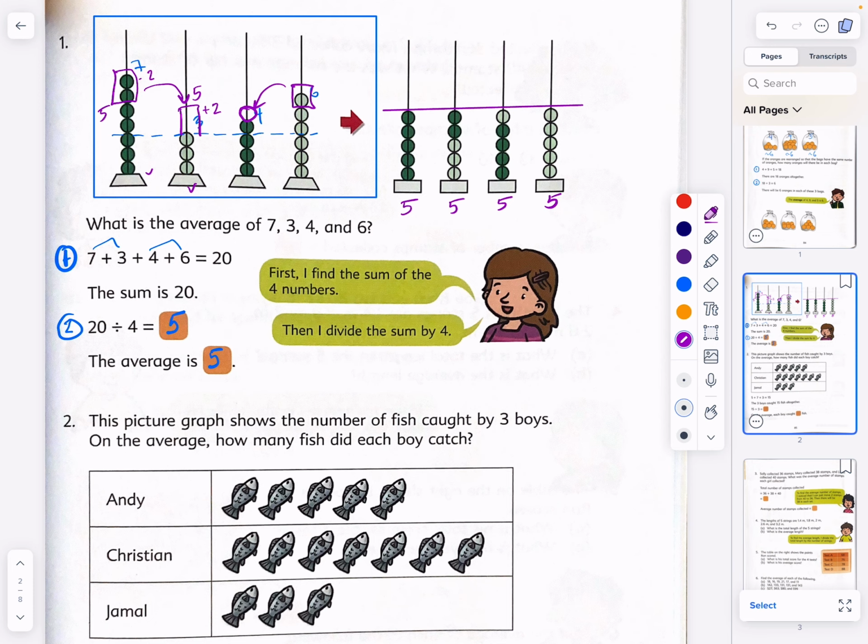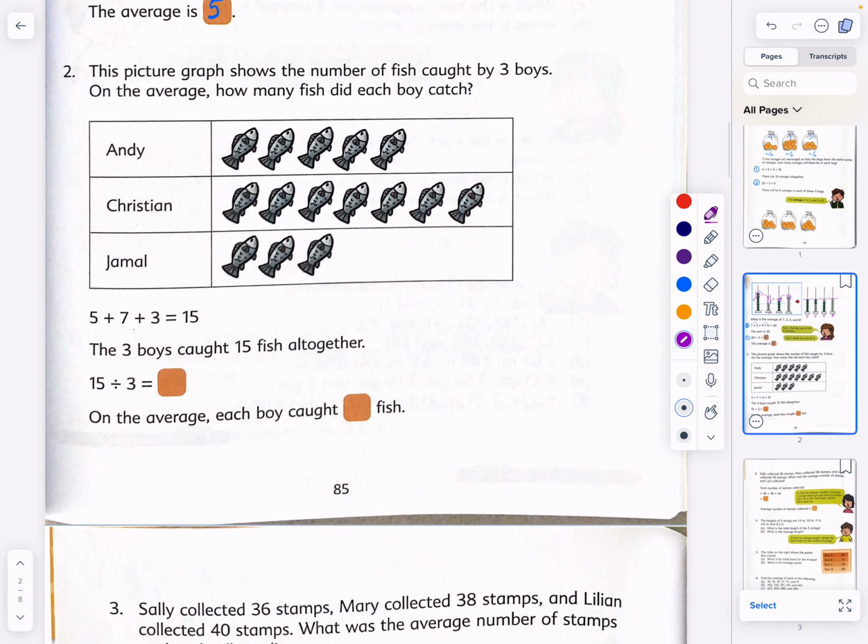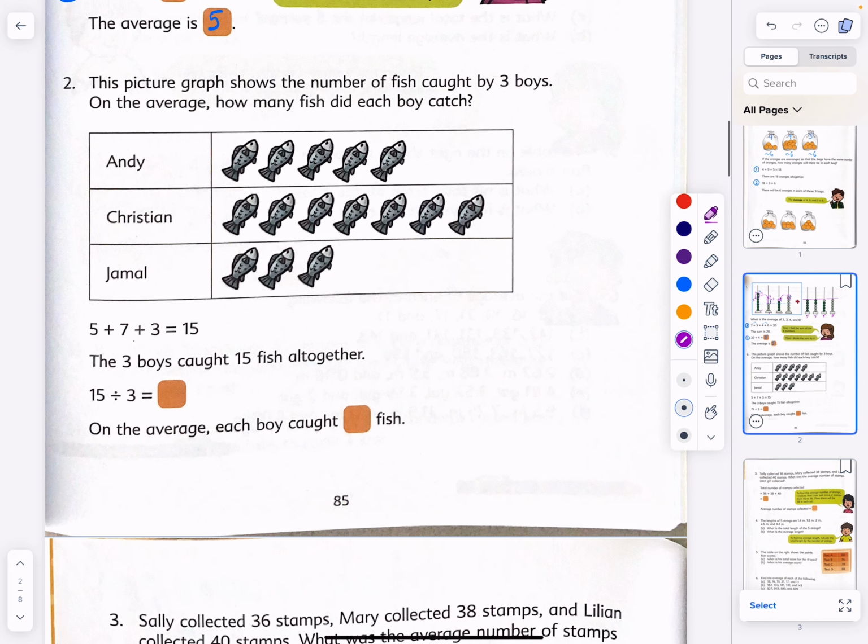On average, how much do we have? Now, we have a very simple picture graph. We have 3 kids who went out fishing, Andy, Christian, and Jamal. Andy caught 5 fish, and Christian caught 7, which is 2 more. And Jamal caught 3 less than Andy, so it's only 3. How do we find the average? On average, how many fish did each boy catch?